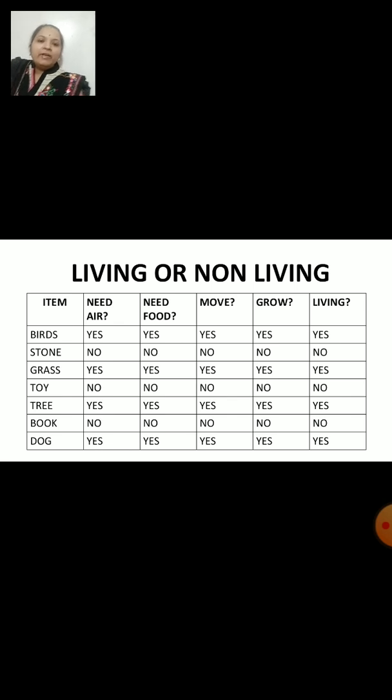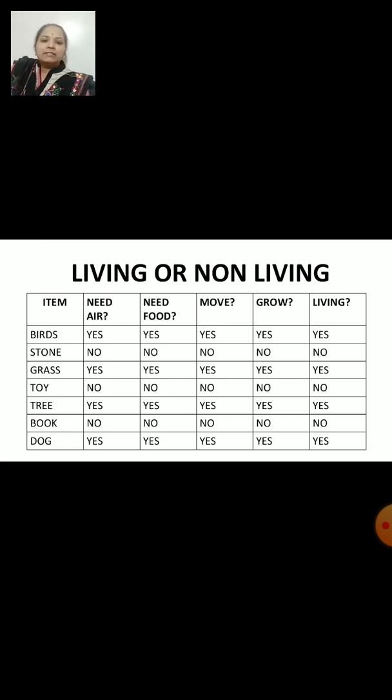Now, when we consider a thing, we see a few things like: does it need air? Does it need food? Does it move? Does it grow? So, all these things help us to decide whether a thing is living or non-living.